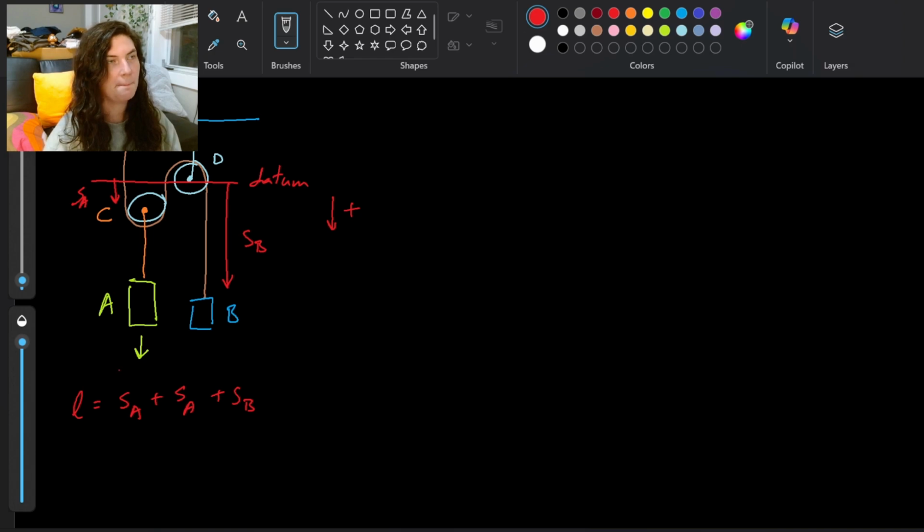The point is, the sum of my lengths is going to be my sA plus my sA, because I've got this other one on the other side, plus my sB. That's the total length of this pulley system here. If I take a derivative, I'm going to get 0 is 2 times vA plus vB.